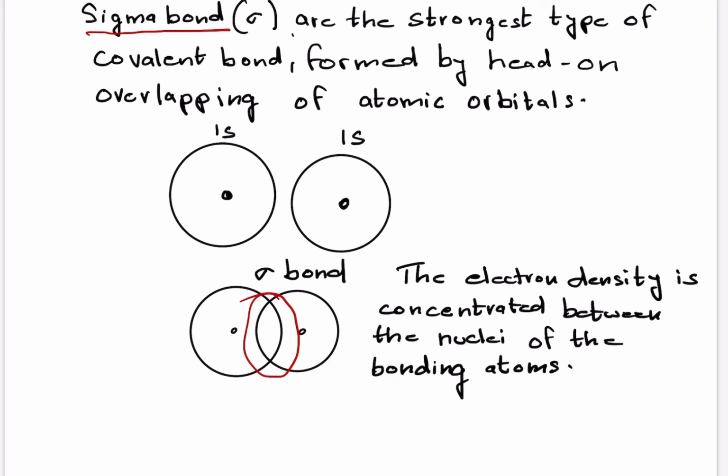Now the two s orbitals, they can overlap. Just now we saw how they can overlap. They can overlap like this, head to head, or they can also overlap like s with a p orbital like this. Sorry, let's remove this. With a p orbital like this.